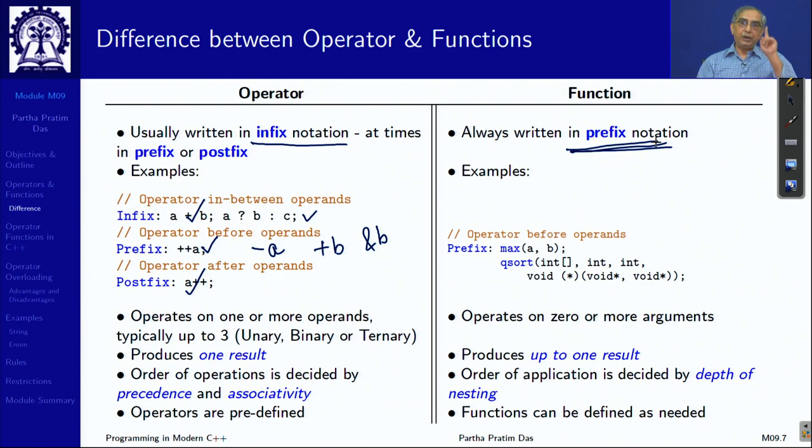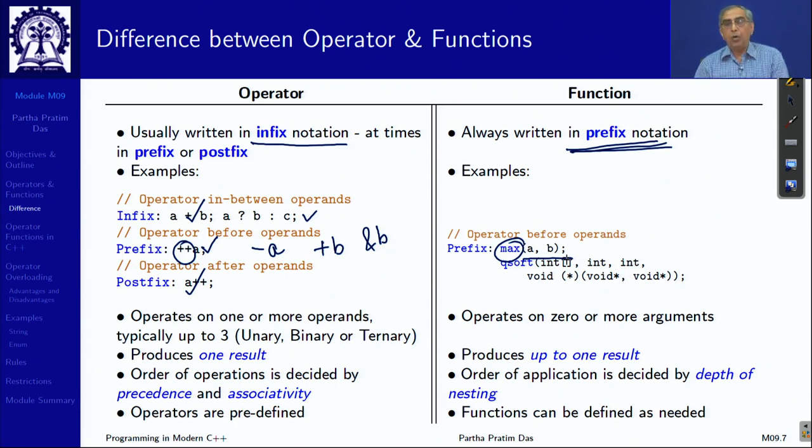You first say what is the name of the function, like you are doing here, and then you provide the operands in order. That is a fundamental difference between what is an operator and what is a function in terms of the mathematical notions.